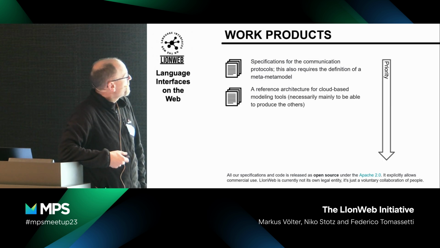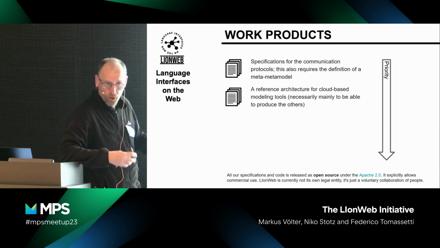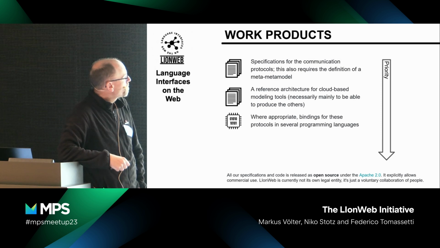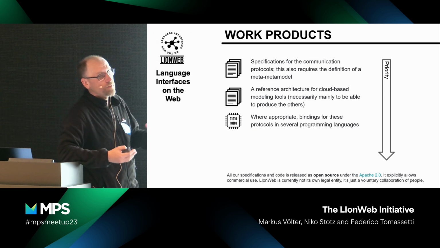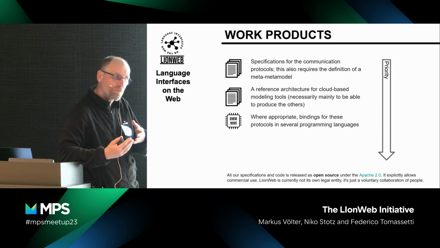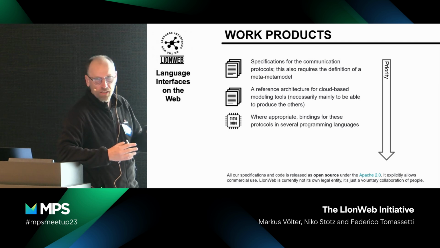Second is, again, this reference architecture is also, if you will, a kind of work product. It's a very simple one. It's kind of already done. Then these bindings for the protocols, they are work products in the sense that they will be available from the repository, but the way we decided to mention this is to say, well, these are basically example implementations.